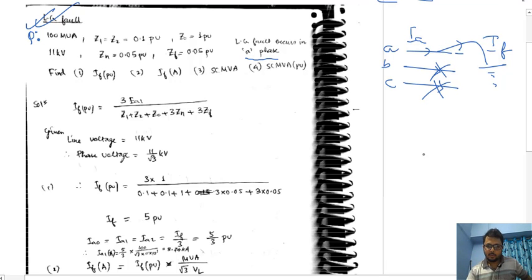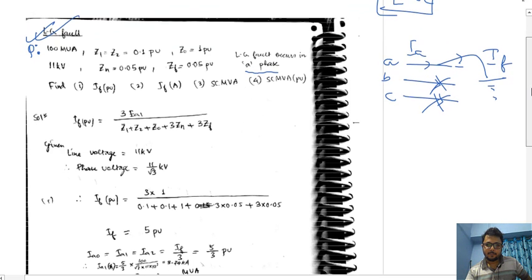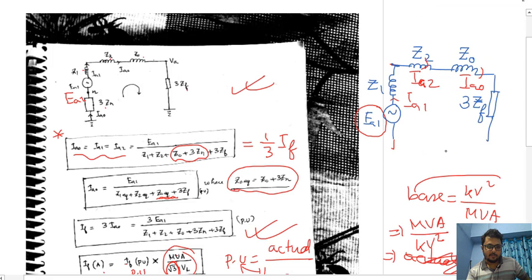Now see what has been asked. They are asking IF per unit, the fault current per unit. What is the formula of fault current? Fault current is 3 times IA0, or IA1, or IA2. IA0 we have already discussed. What is the formula of IA0?